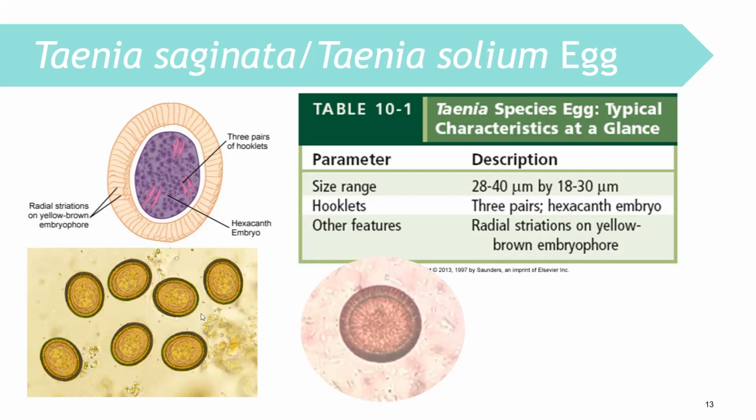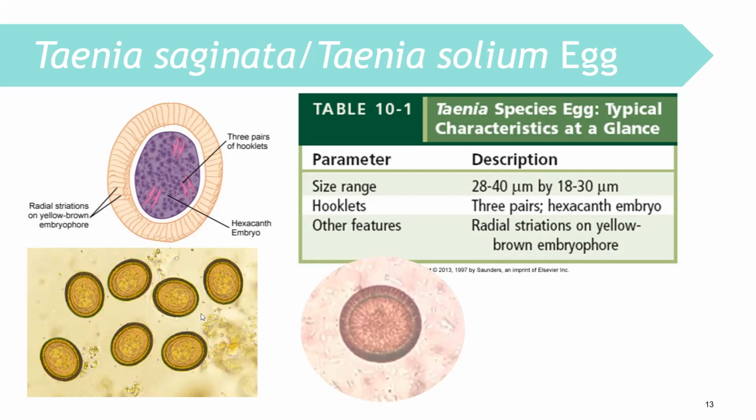Because there is a distinct characteristic of the egg of Taenia that can only be seen in Taenia saginata and Taenia solium, and that is the presence of the radial striations. There are also 3 pairs of hooklets, and of course the hexacanth embryo.